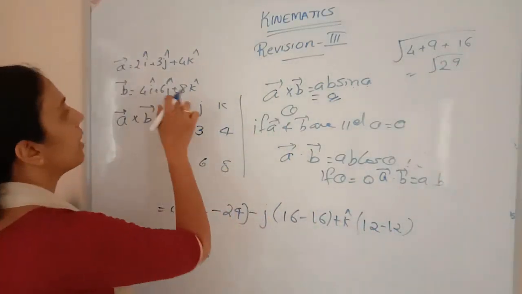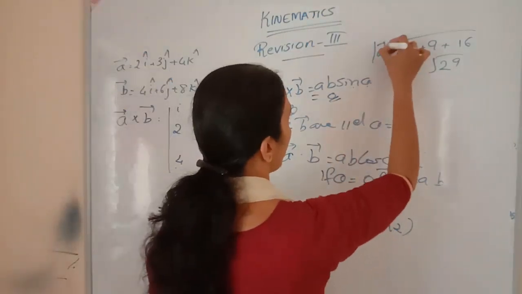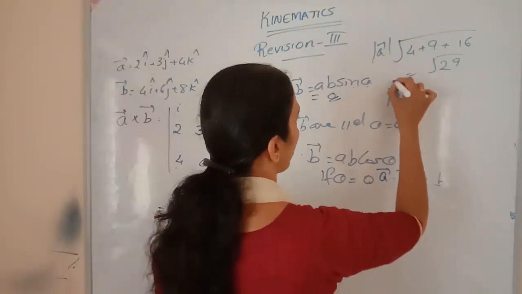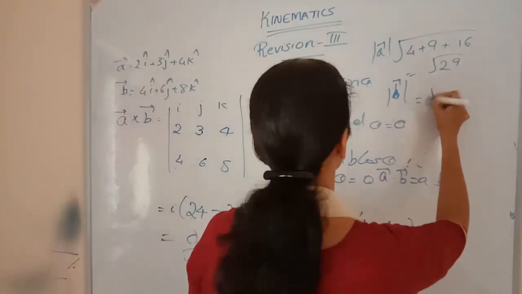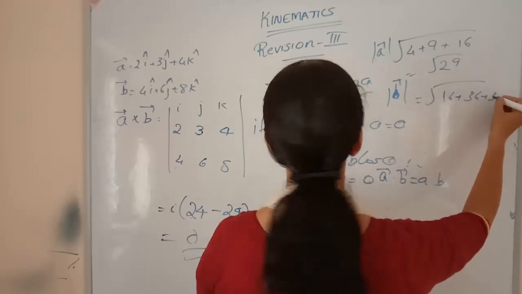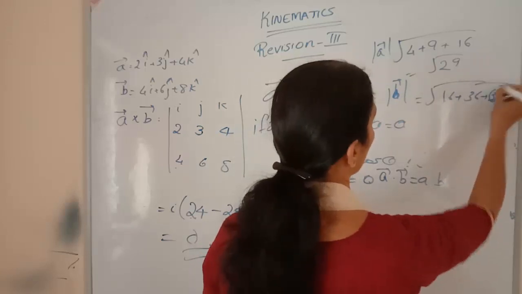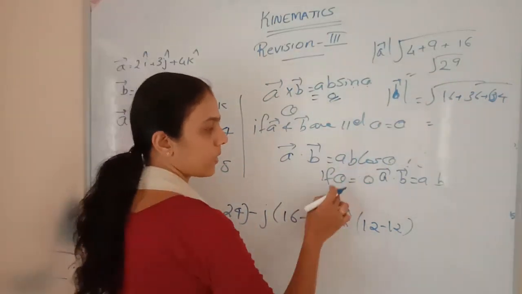Next, the modulus of B you should find out. The modulus of B will be equal to the root of 16 plus 36 plus 64. While finding this, A dot B equals AB cos theta.